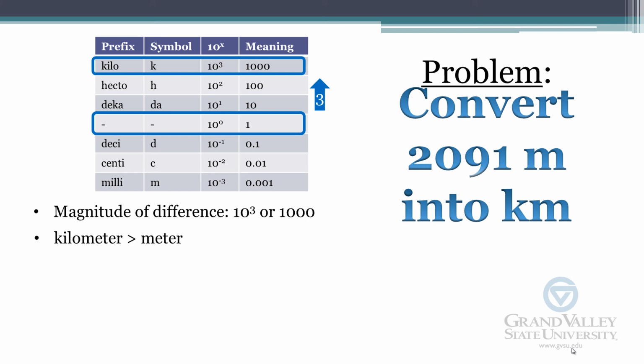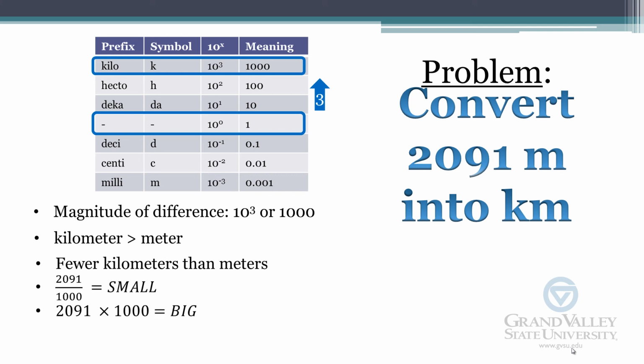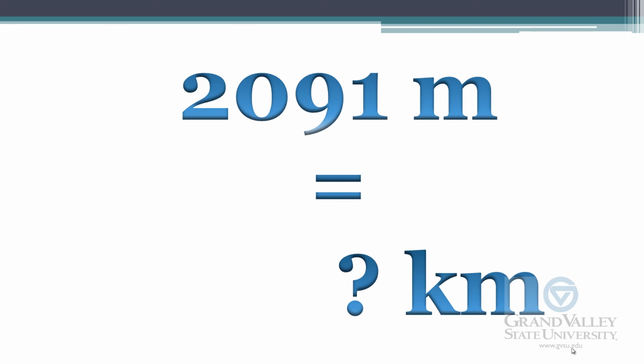A kilometer is bigger than a meter, so that means that there should be fewer kilometers than meters. To make the number smaller, you divide rather than multiply by 10 to the third. This can easily be done in one's head by simply moving the decimal 3 spaces to the left. Giving us 2.091 kilometers.